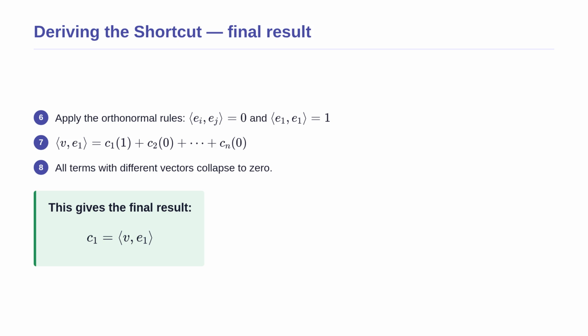The only term that survives is the one where E1 pairs with itself, which turns into a perfect one. This completely destroys all the complicated math and leaves us with a beautiful, simple result. The coefficient C1 is simply the inner product of V and E1. The intuition here is that the inner product acts like a filter, perfectly extracting just the piece of the vector we want.